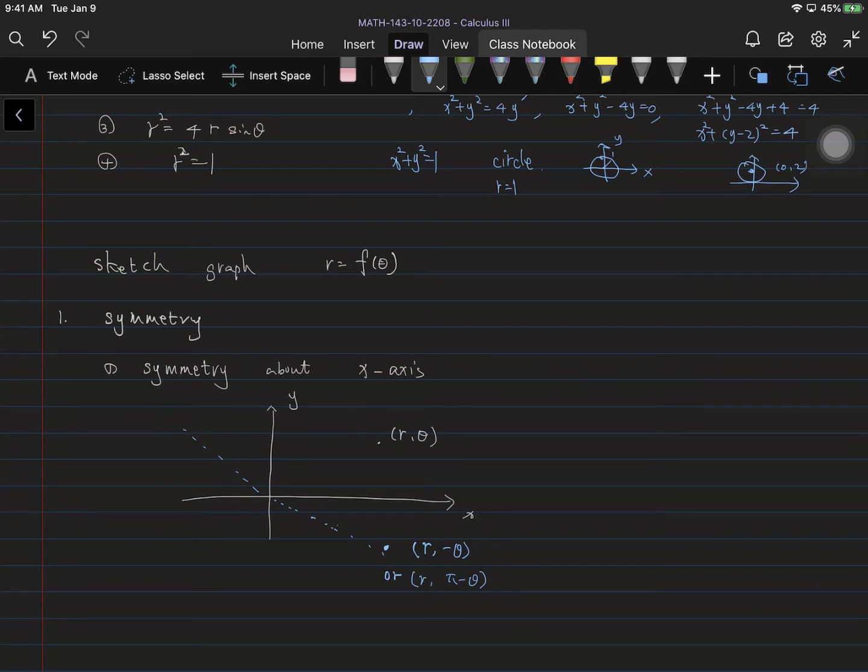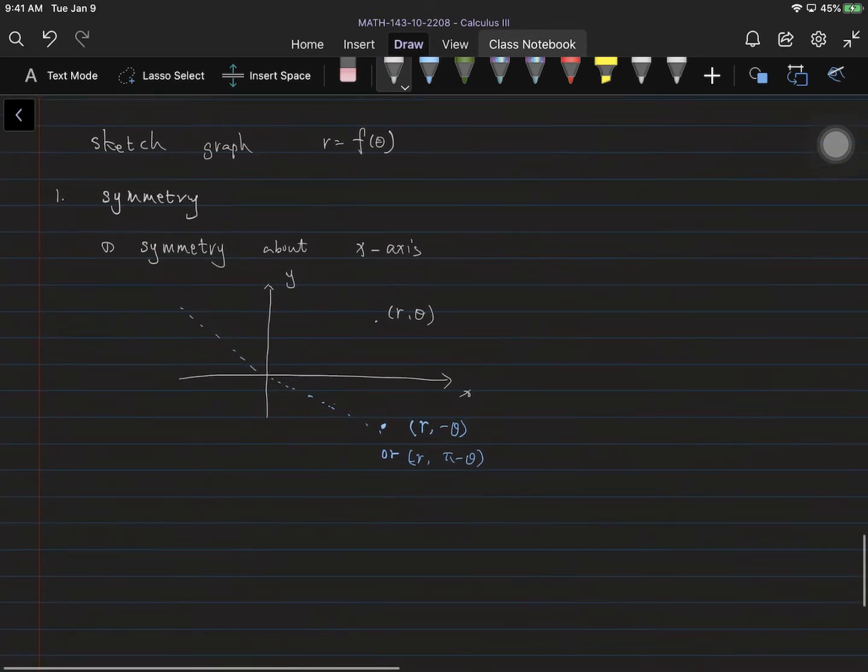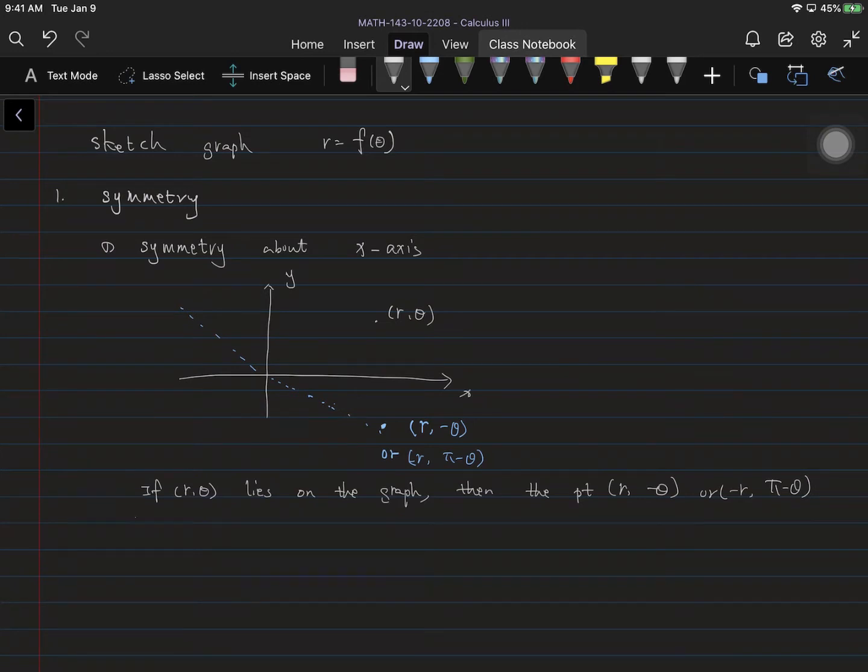Okay, so we have this conclusion: if (r, theta) is on the graph, and the graph is symmetric about the x-axis, then the point (r, negative theta) or (negative r, pi minus theta) is also on the graph.